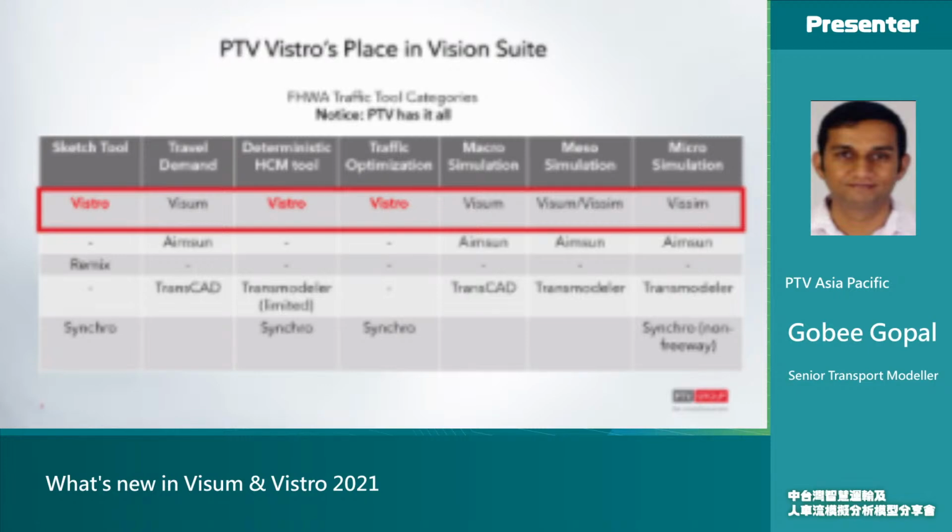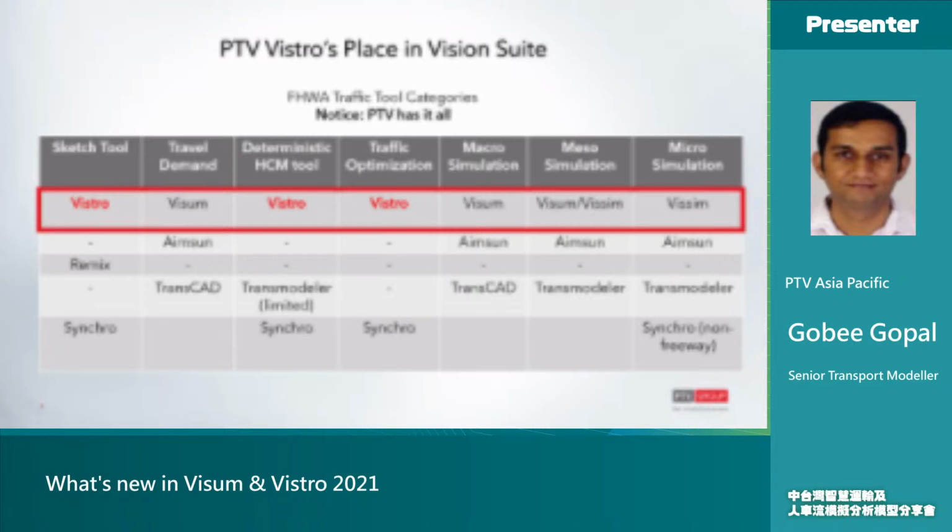Under travel demand, we have Visum. Under deterministic HCM tool, we have Bistro. Traffic optimization, we have Bistro. Macro simulation, Visum and Vissim. Micro simulation, Vissim. So it clearly shows that PTV planning and engineering tools are used on all the planning analysis studies.